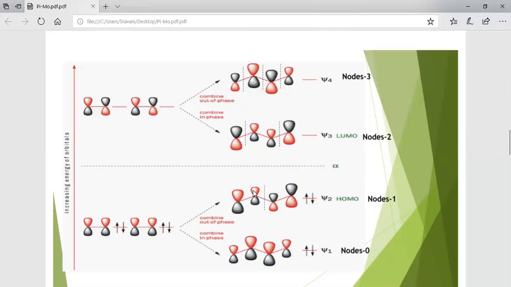Hence these two show anti-bonding interactions. Coming to C3 and C4, again these lobes are aligned in the same manner. These two are with negative charge and these two lobes are with positive charge. So these two again show bonding interactions.